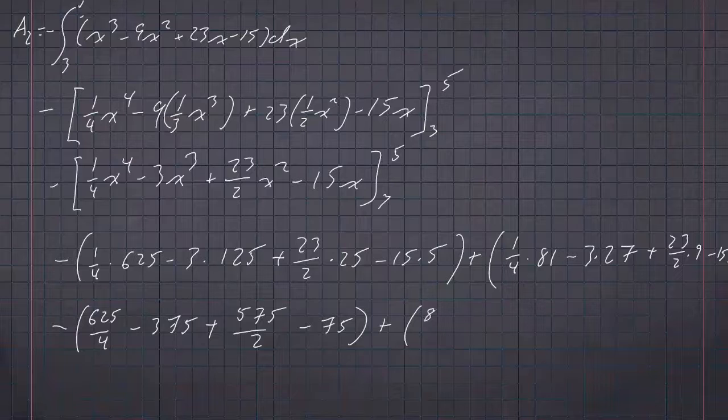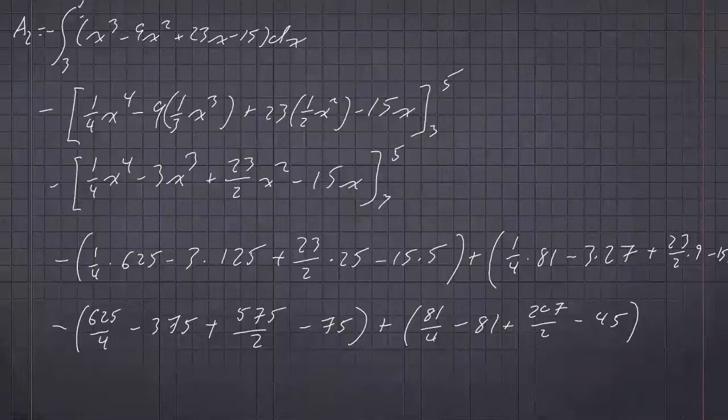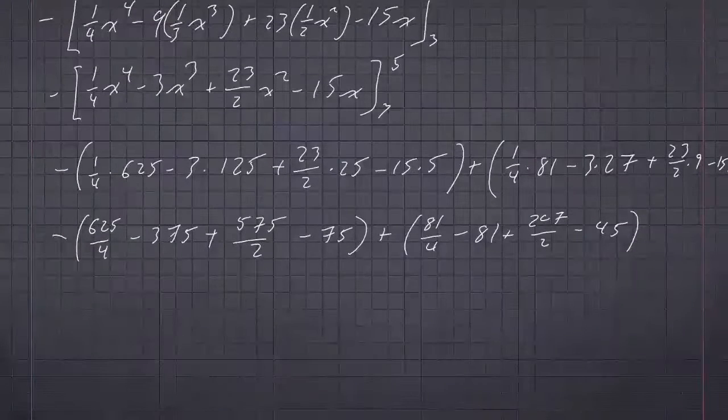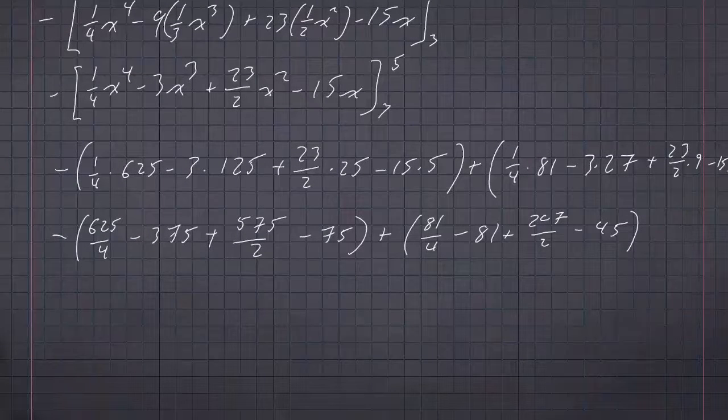1/4 times 81 is 81 over 4. Then we have 81. We have 207 over 2. And we have 45. Distributing the subtraction sign.